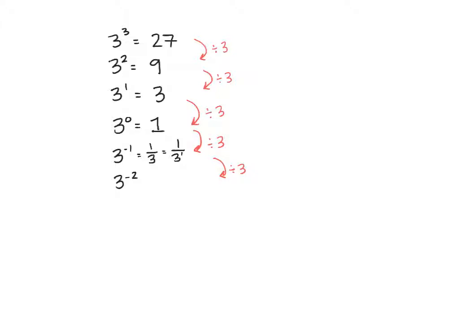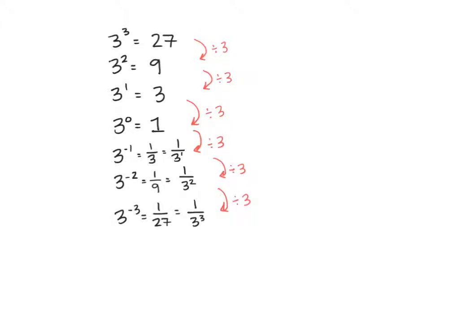And if we have 1/3 divided by 3, that would be 1/9. Or the other way of thinking about that is 1 over 3 squared. And if we go down one more time and look at 3 to the negative third power, that would be 1/27, or 1 over 3 to the third power.